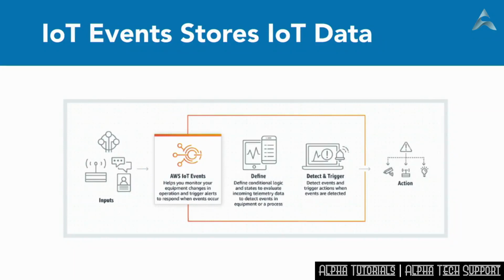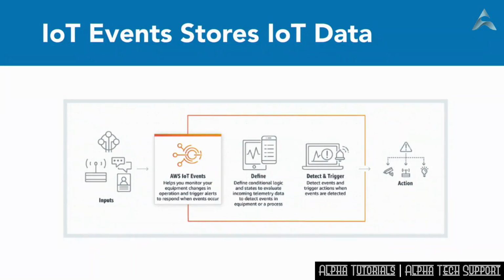So IoT Events is a subset of IoT Core, which is a layer of abstraction on top of several types of NoSQL databases. And it actually provides a graphical design input. I'll show you it in the subsequent movie. But the concepts are you have device inputs, and then the IoT Events service, which is serverless, like all of these new services, so you just pay by the consumption, helps you to monitor your equipment changes in operation and trigger alerts to respond when events occur.